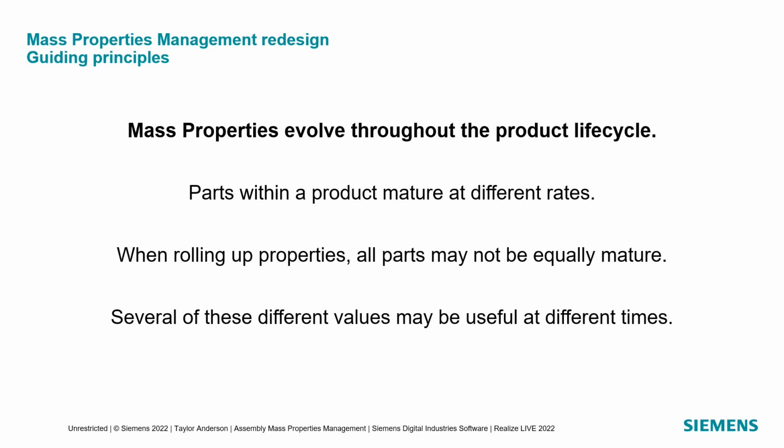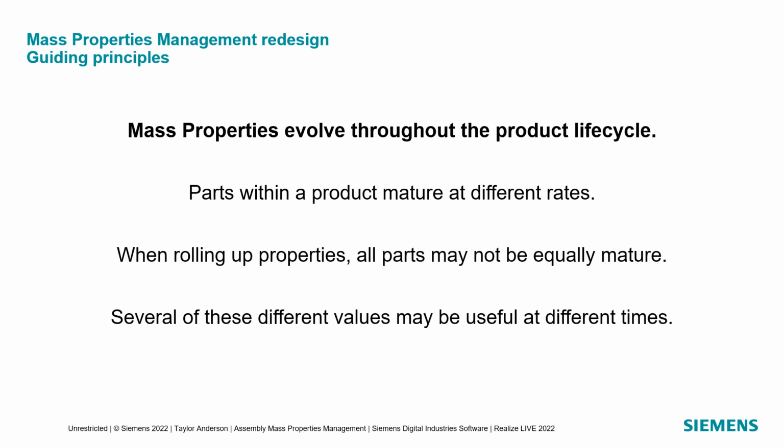Each part or assembly may have different values that we'll look at during the life cycle of the part, as we may start with things like mass property budget allocations, and estimates essentially of what things are going to be.